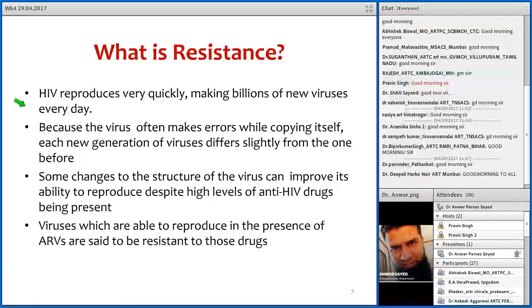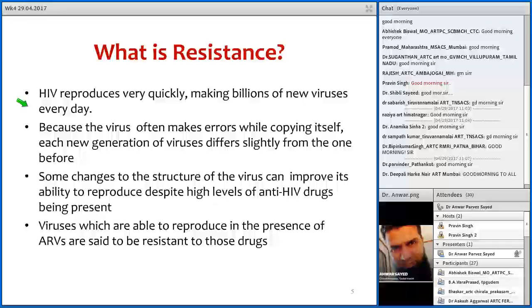So what is basically resistance? See, HIV replicates very quickly. We talked about it in the very first sessions. In a day there will be millions and billions of new virions produced, and when the virus does it at a very rapid pace, it will make mistakes, or it will make errors.